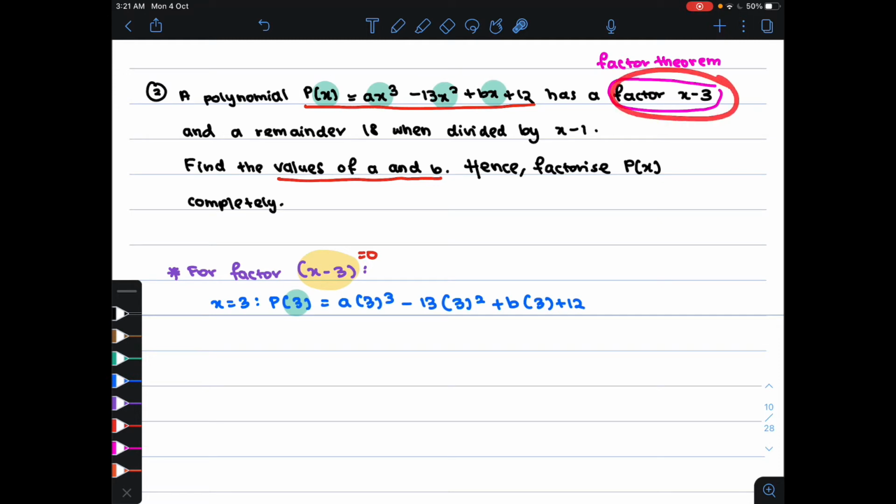And since this is a factor, therefore the remainder is 0.